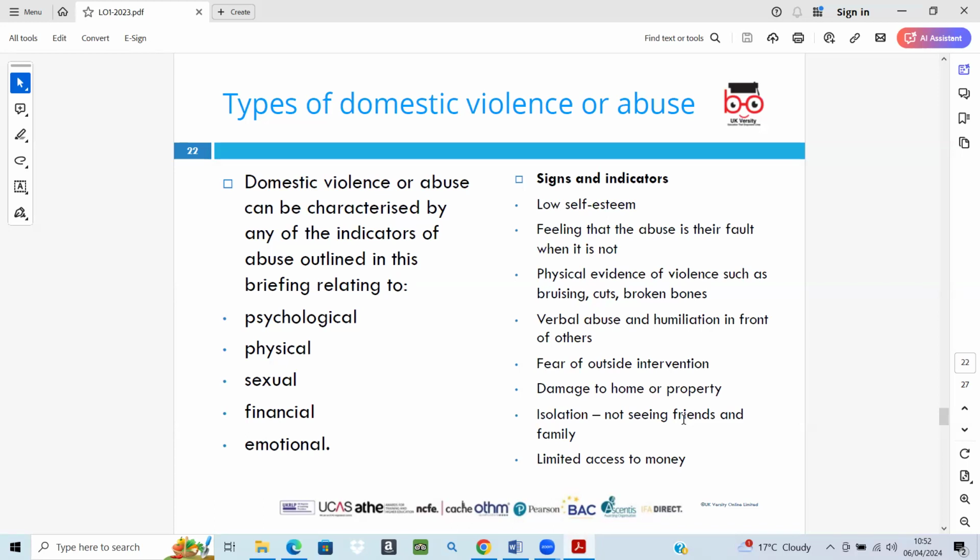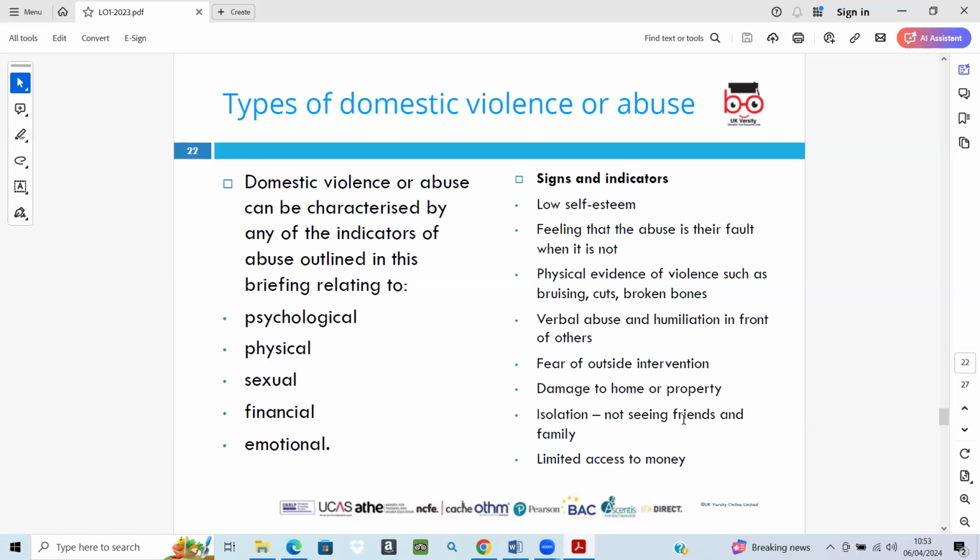And then signs and indicators: low self-esteem, feeling that the abuse is their fault when it is not. Sometimes people manipulate the other person, and the victim always feels that the abuse is their fault when it is not. Some people play mind games with the victim. There could be many signs and indicators for that, so we need to look for them.